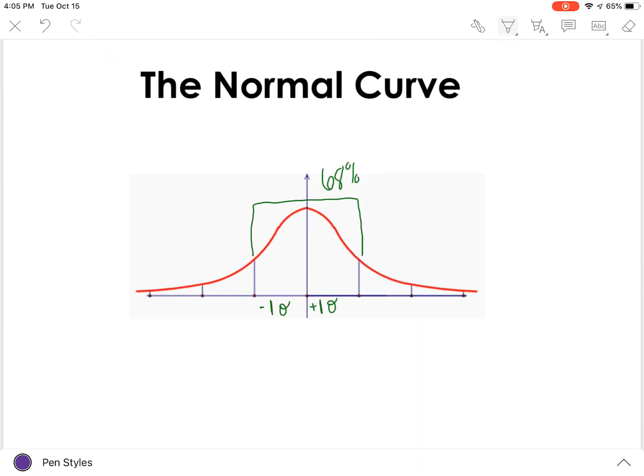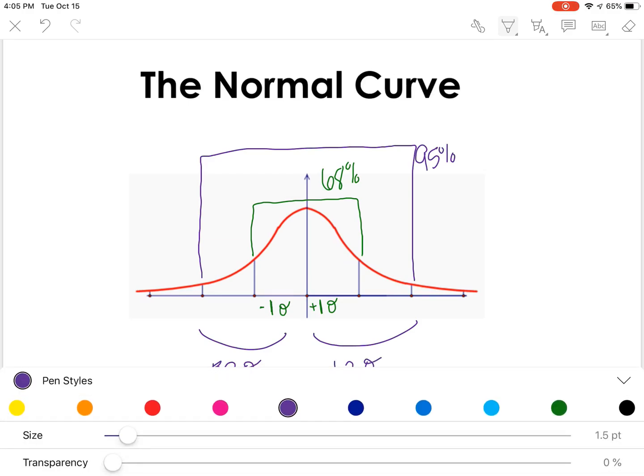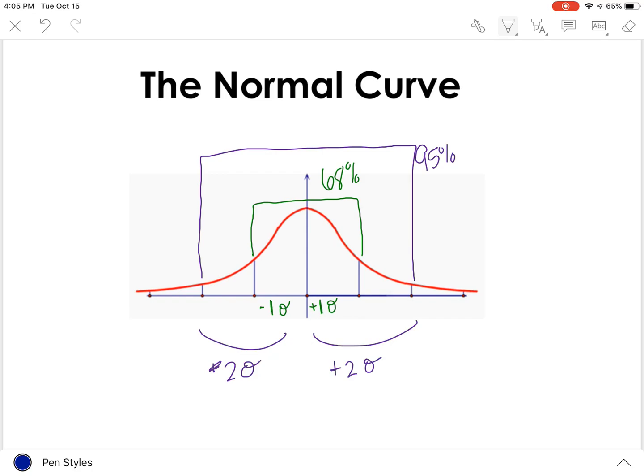So here's our normal curve again. Just to reiterate, this is 68%. From here to here represents 95% of our data. So this would be 2 standard deviations below, and this is 2 standard deviations above. That first one was 1 standard deviation below and 1 standard deviation above.